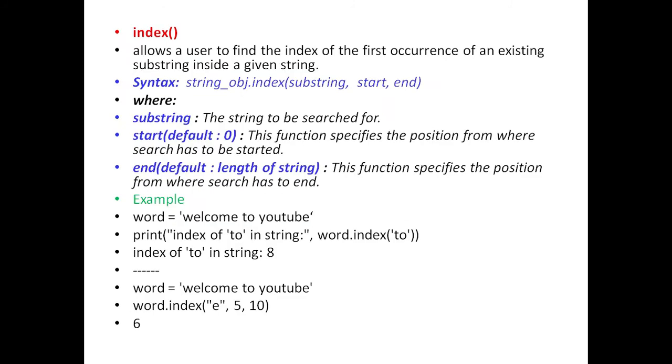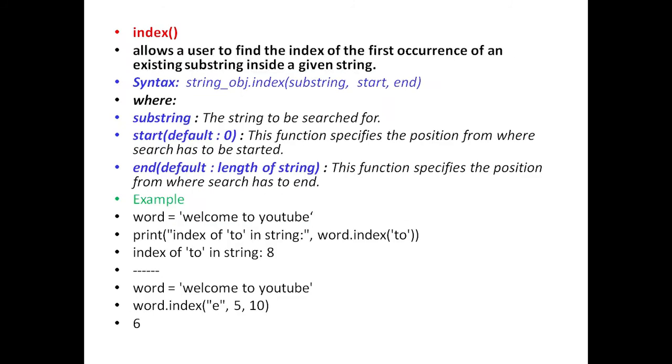Next is index. This function allows the user to find the index of the first occurrence of an existing substring inside a given string. General syntax is string dot index, substring, start and end, where substring is the string to be searched for.